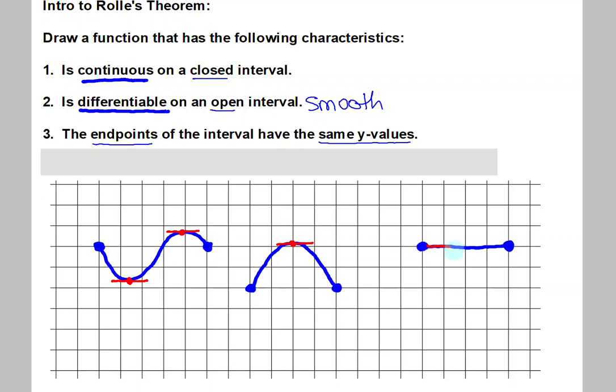On this one, it is a horizontal line, so the derivative equals 0 everywhere. So of course, if we start and stop at the same y value, no matter where we go, as long as we don't pick up our pencil and we make a smooth connection, we have guaranteed that there is at least one place where the tangent line is horizontal, at least one place.